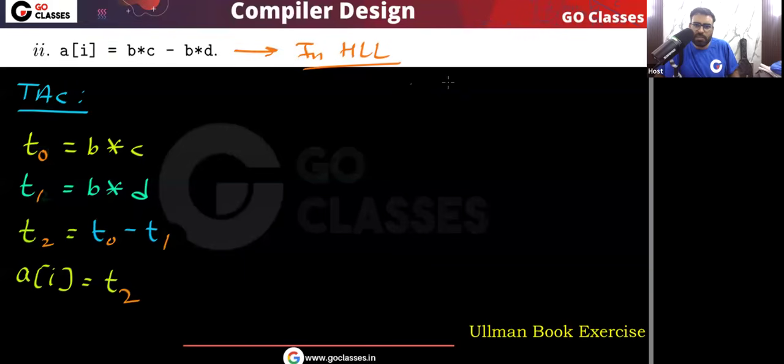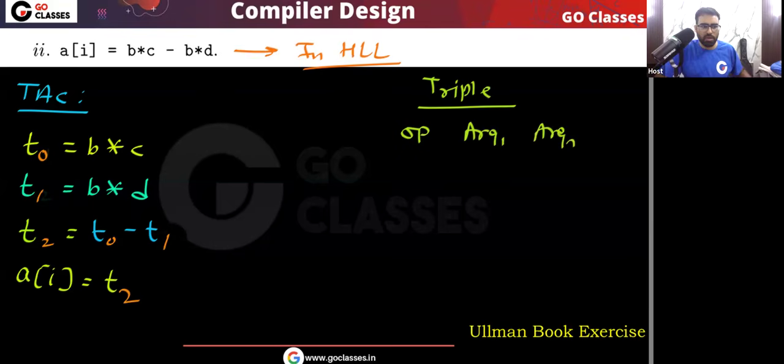Now let's see the triple representation. In the triple representation, we have three fields: operator, argument 1, and argument 2. These are the positions 0, 1, 2, 3, 4. For the first instruction, the operator is multiplication and the arguments are b comma c.